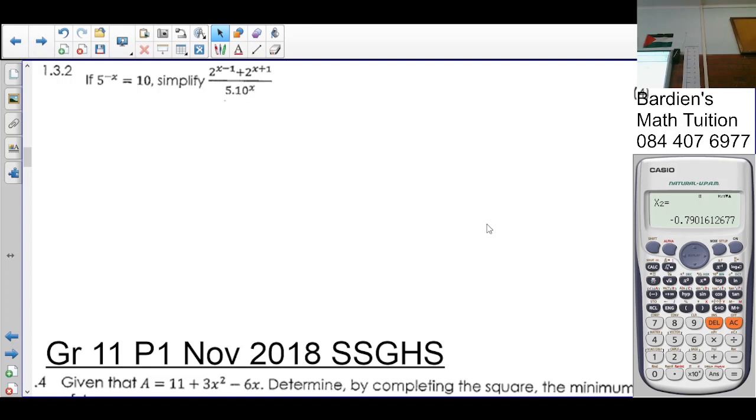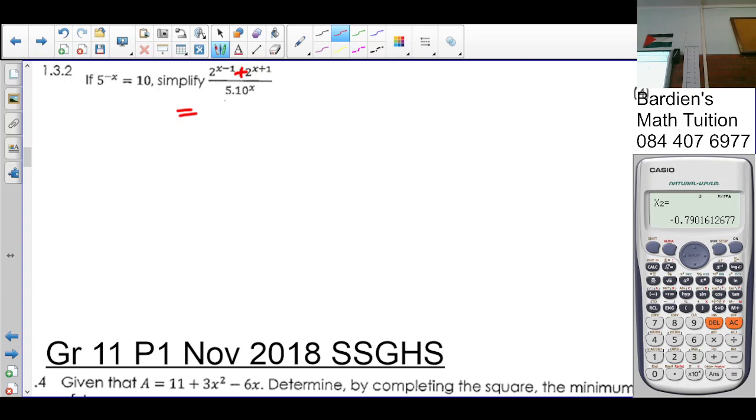If 5 to the minus x is equal to 10, simplify. What we do is move from the known to the unknown. 5 to the minus x equal to 10 is the unknown term. So first we work with what we're familiar with. This here is your exponential expression with a plus between, so we need to break up and factorize.